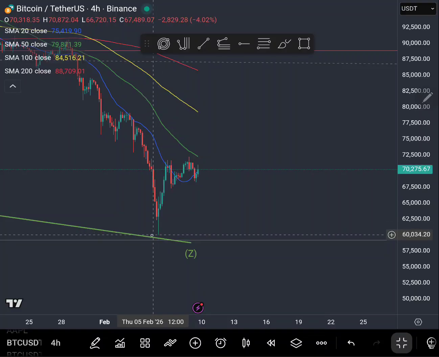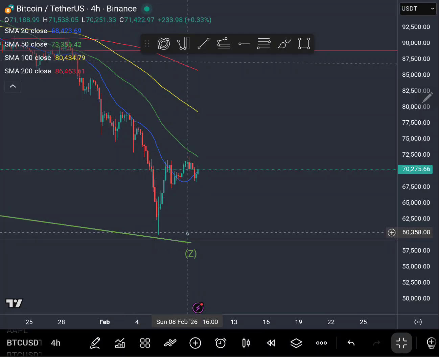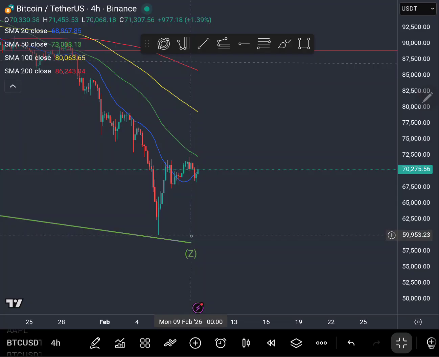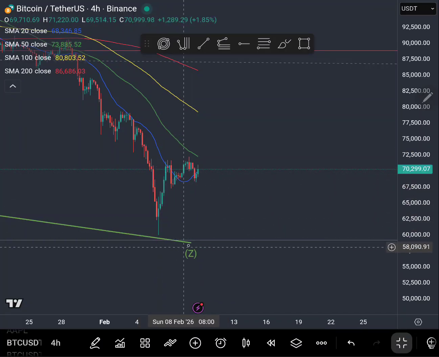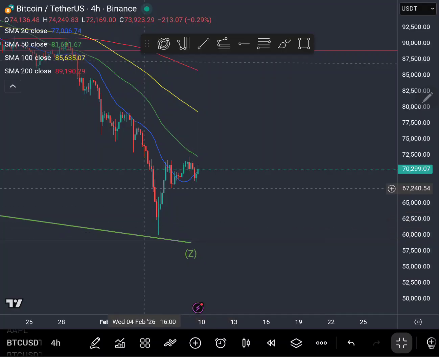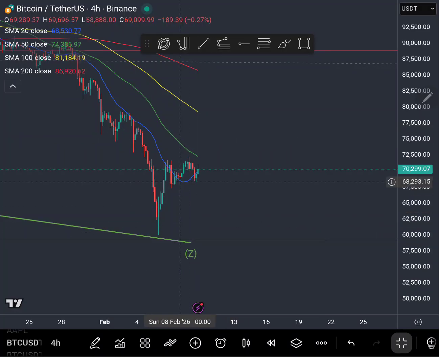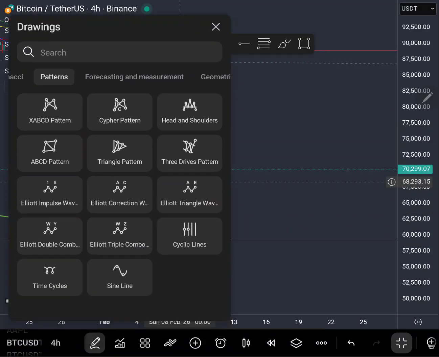Will it break that low? I don't think so, to be honest. If it does, it might just do it by a very small amount. I don't really see it going that much lower.